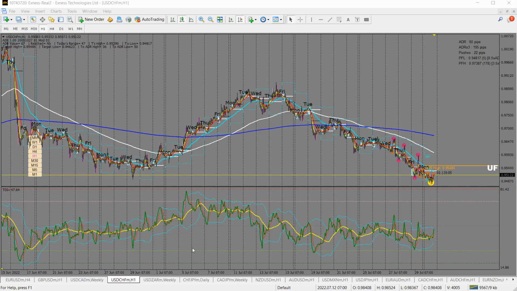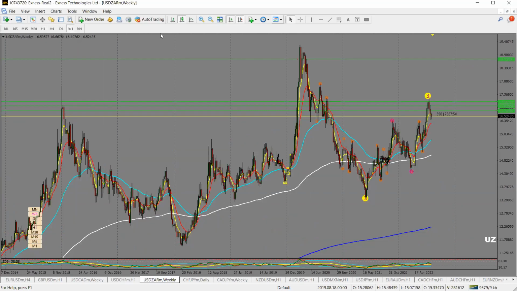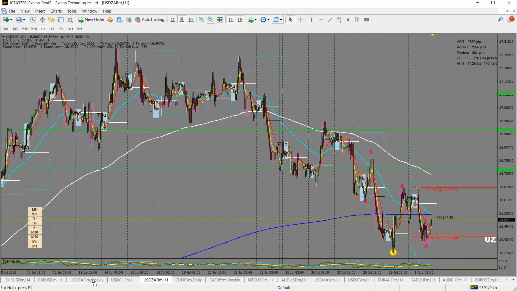So what does this mean on other USD pairs? You can see USD ZAR has been selling, which is a good thing because it goes in the same direction with USD CHF. You can see another one, USD CAD.